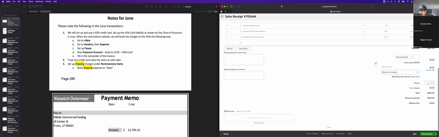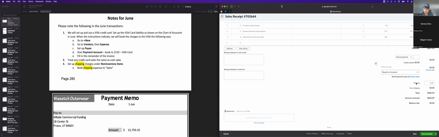And when you do that, the system says, okay, I need to book this new shipping income. The back end of QuickBooks is saying we're charging shipping, now we're going to collect it and we have to book the revenue for it here.